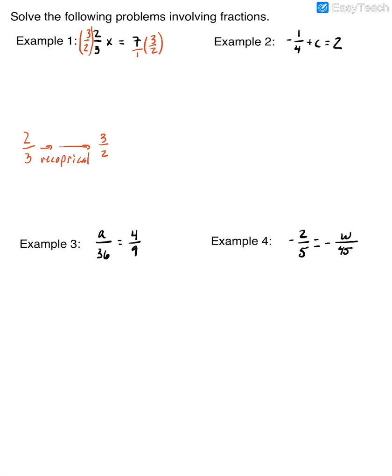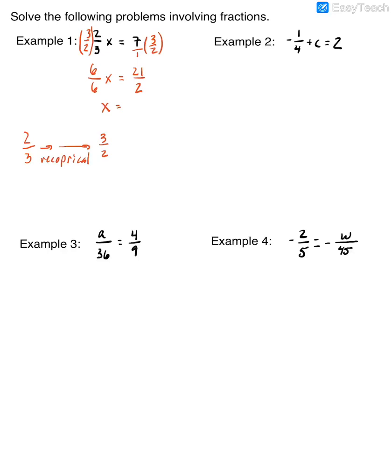So 3 times 2 is 6, divided by 2 times 3, which is 6. And on the right side, 7 times 3 is 21, and 1 times 2 is 2. Now 6 divided by 6 on the left gets me 1, so I'm left with x, which is what I want.